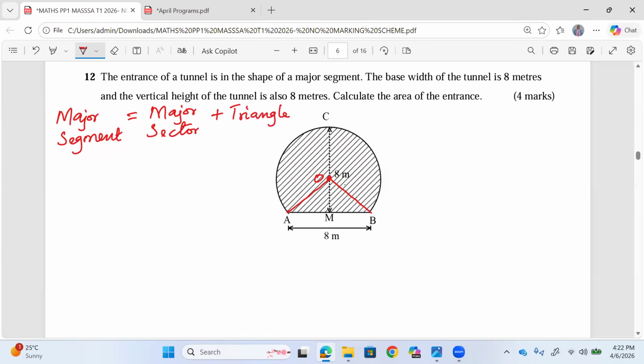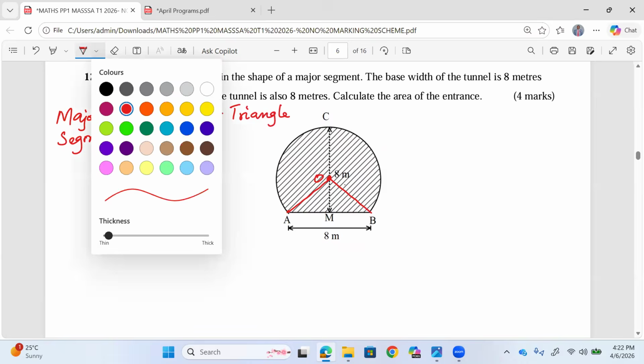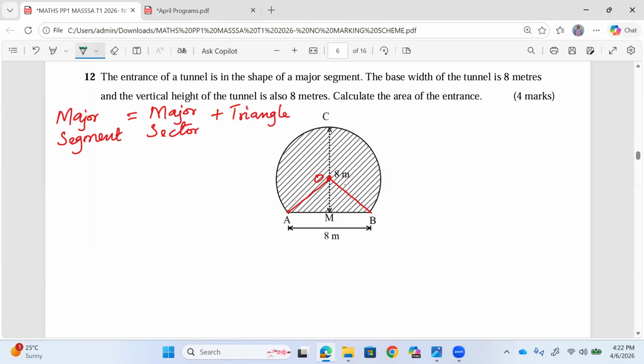There are a few things that we are supposed to agree on in this particular question. One of them is that from A to M, let me use green, this is 4, then this is also 4. Are we in agreement there? Thank you.